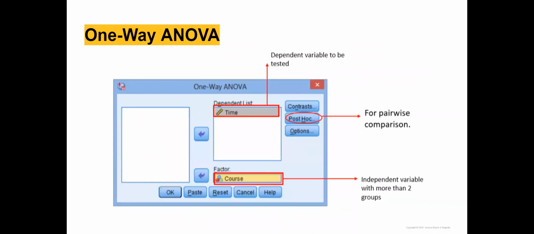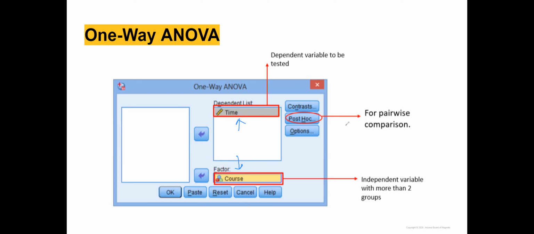Once you select that, you will select the dependent variable, like you wanted to see the time taken. So that will go under dependent variable, time. And the factor is the group you want to test upon. So the factor is course, which has three: beginner, intermediate, and advanced. So that will go under factor.